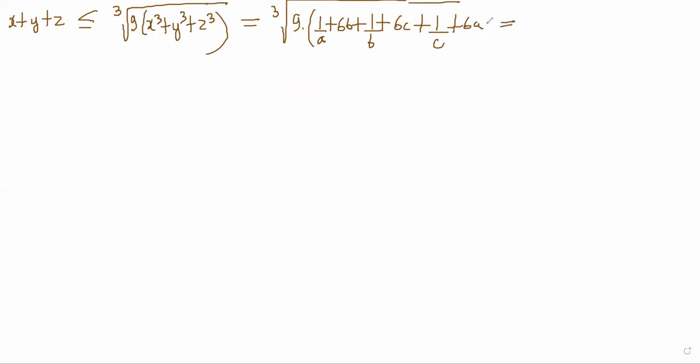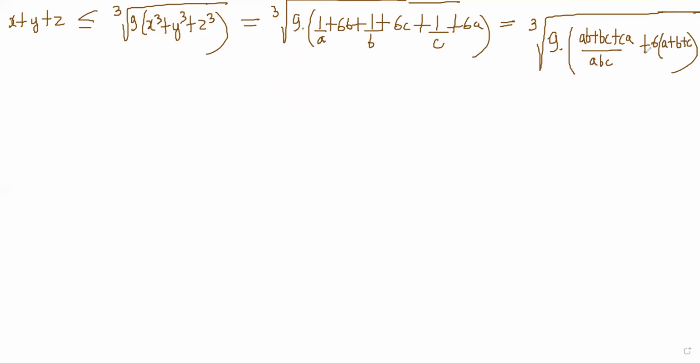Which is equal to the cube root of 9 times (1 by a plus 1 by b plus 1 by c plus 6 times (a plus b plus c)). The 6a, 6b, 6c get added like this, and 1 by a plus 1 by b plus 1 by c is (ab plus bc plus ca) by abc.